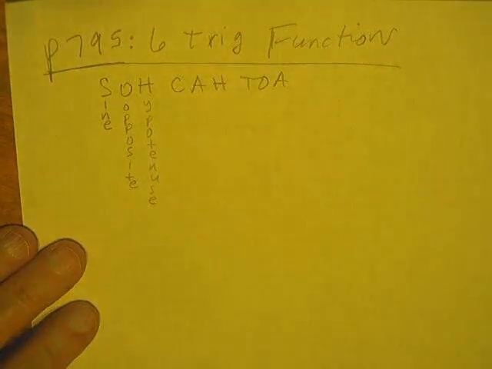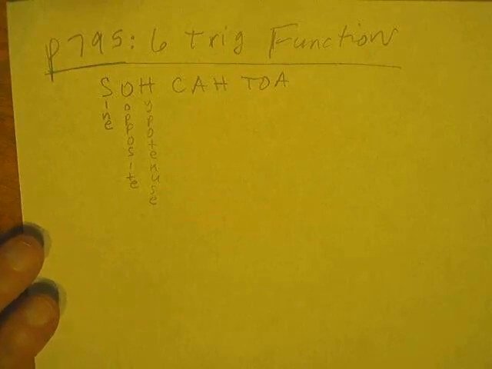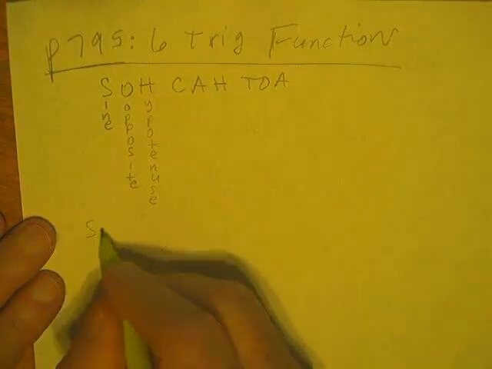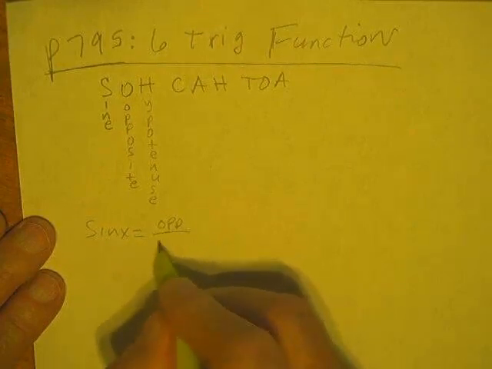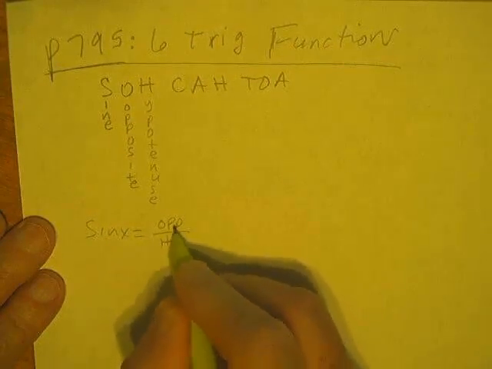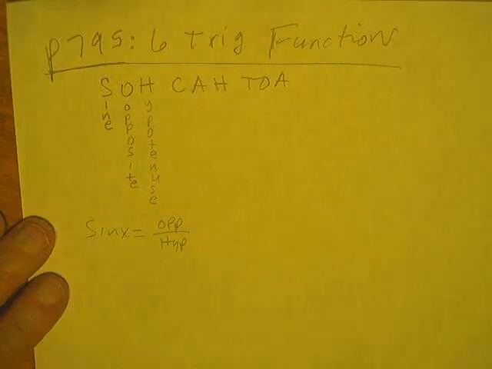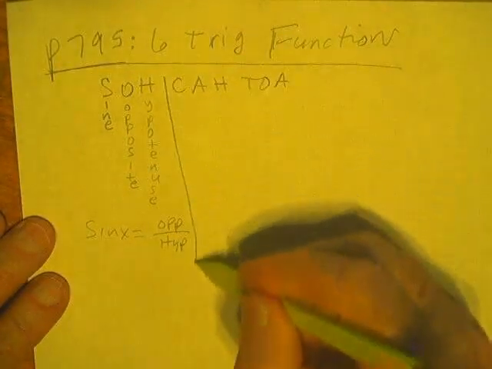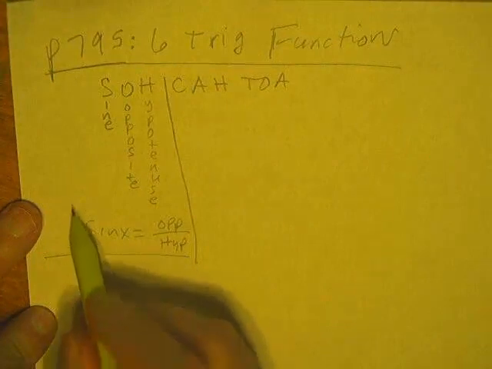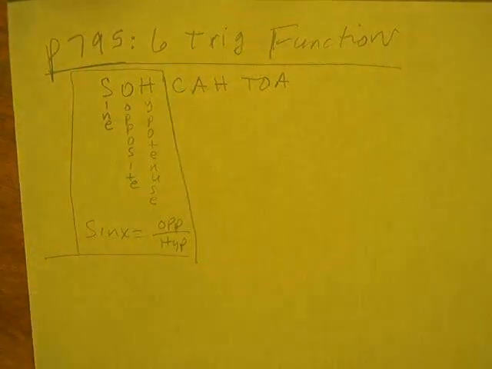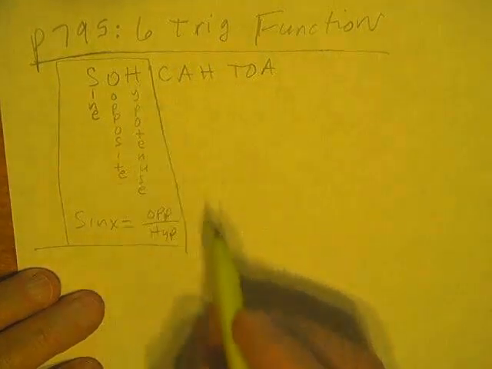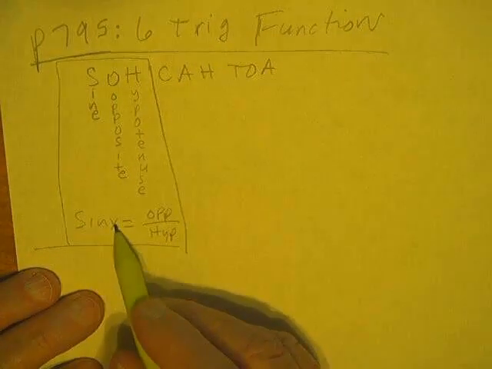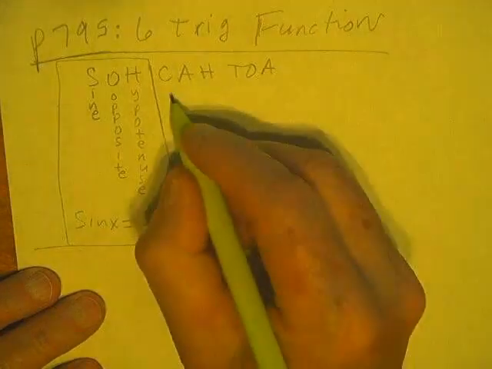Okay, so that sine is opposite over hypotenuse. You could learn it this way. You may have learned it that way. So whenever you say sine, opposite, hypotenuse. So say it out loud: the sine of angle X is opposite over hypotenuse.